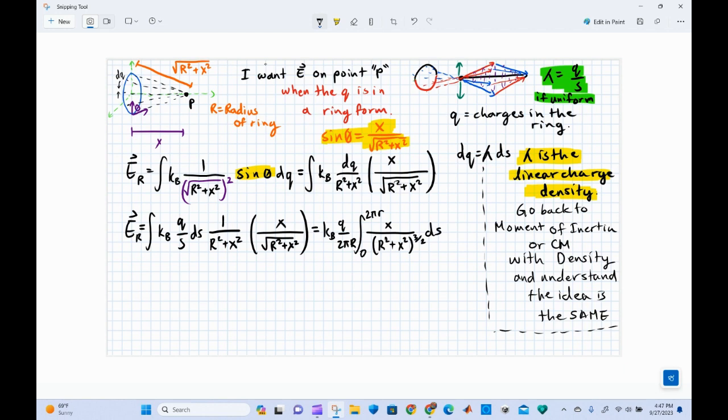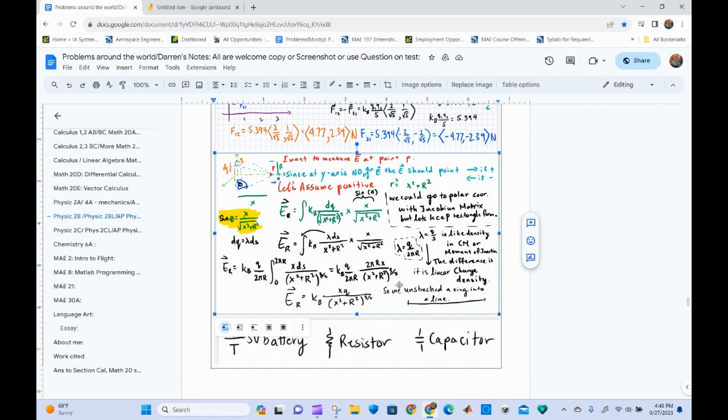So now you know that E_R, why do I always make that mistake? E_R is equal to k q divided by, because the 2 pi r will cancel out if you do that derivative. It's just this. Okay, fine. And that should do the trick. I got the same answer, so yes.